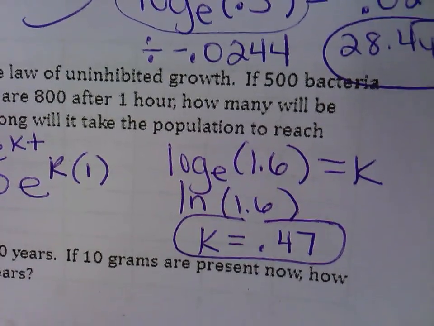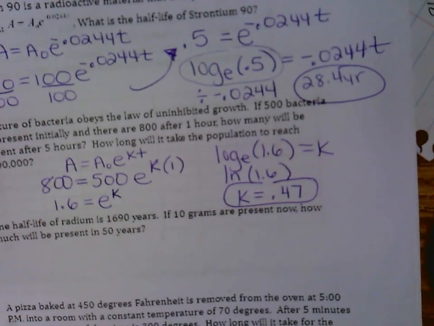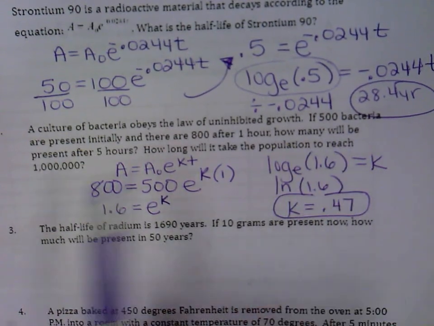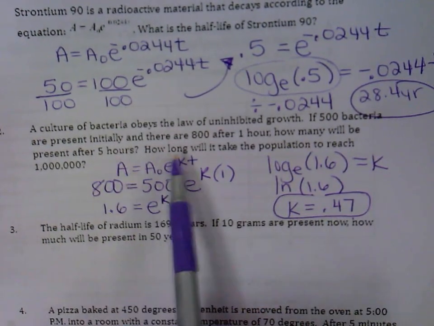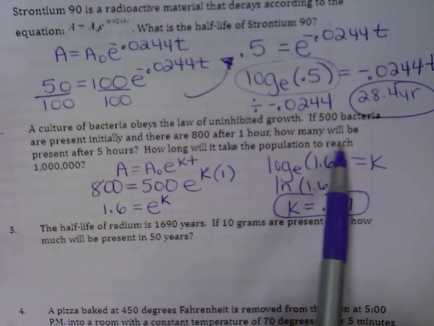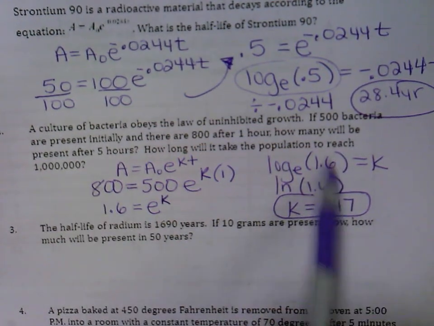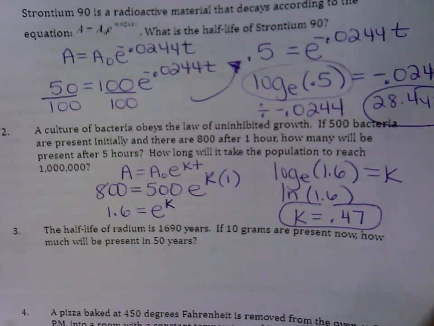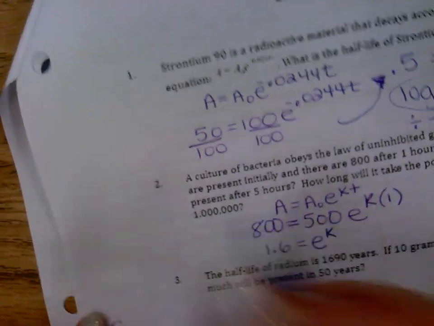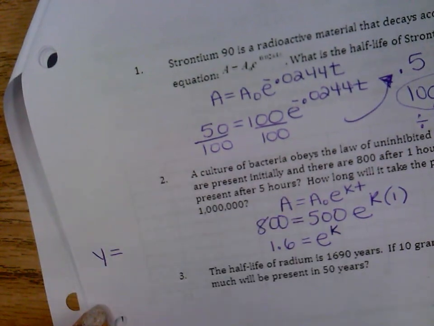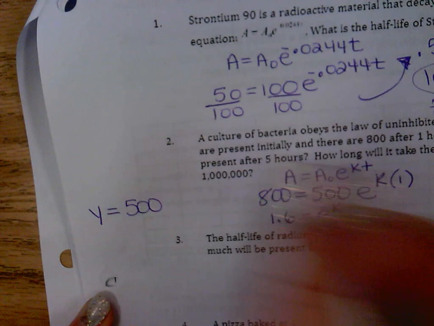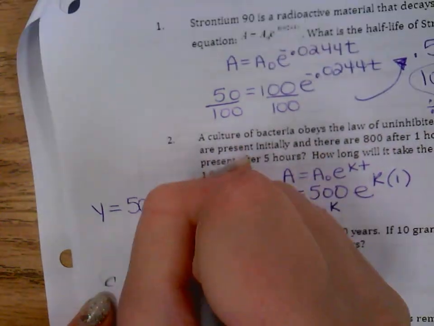If you're out of room, you could use the bottom of the page here. We want to figure out how many bacteria there will be after 5 hours and how long it will take the population to reach a million. This would be a good problem to use the table for. So you would type into your y equals menu that we're starting with 500 bacteria, 500 e to the 0.47x.